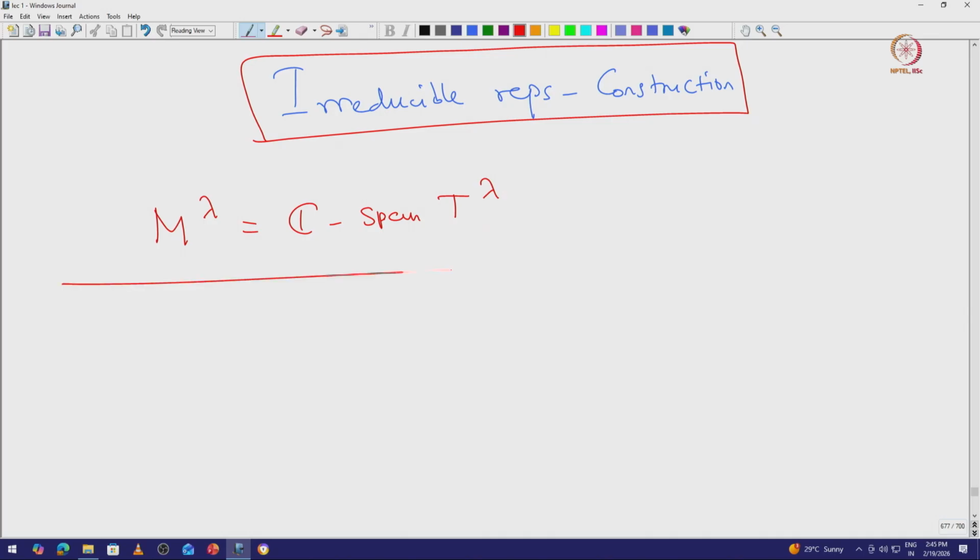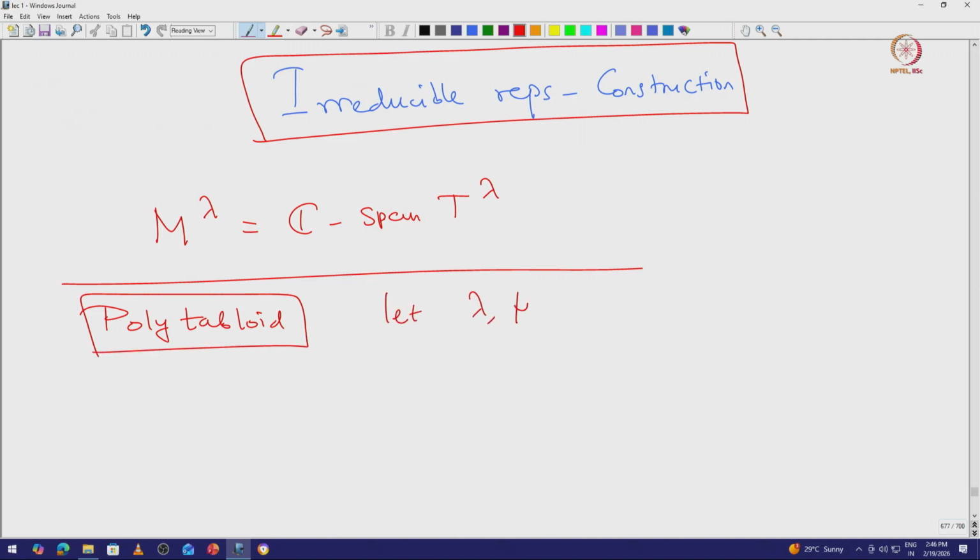For that, let us fix two partitions. This is the definition of polytabloids, which are the building blocks of our irreducible representations. We fix λ and μ, partitions of n, and let T be a λ-tableau.